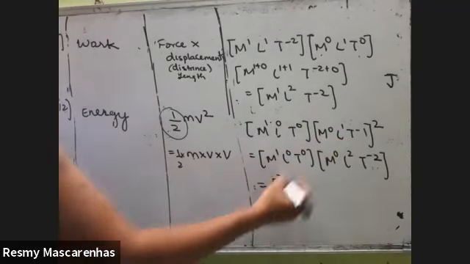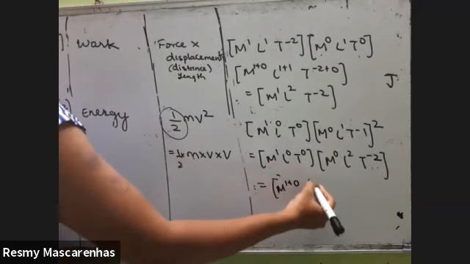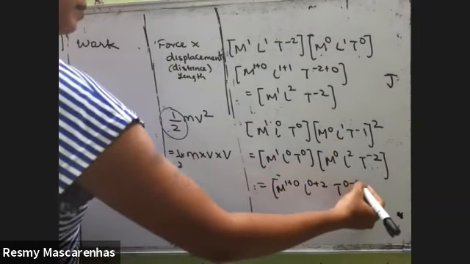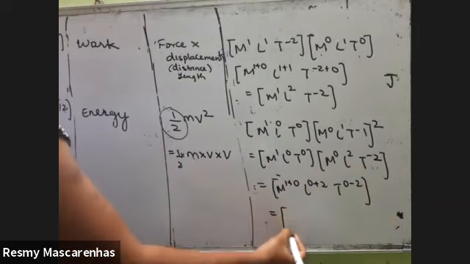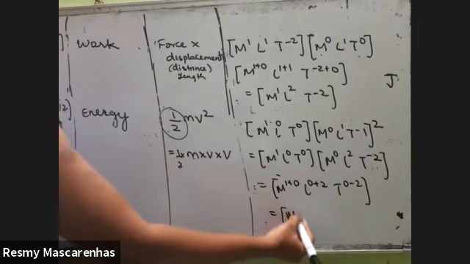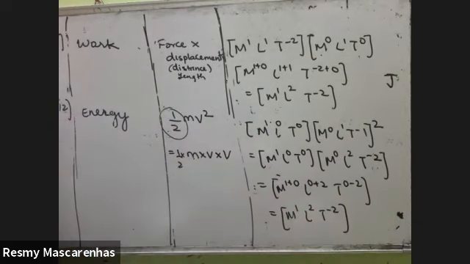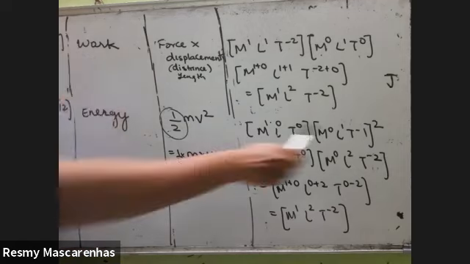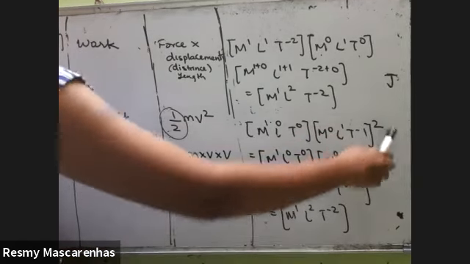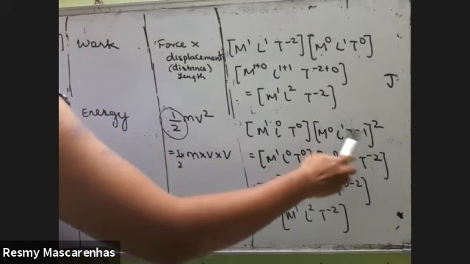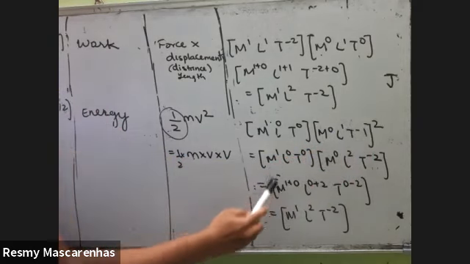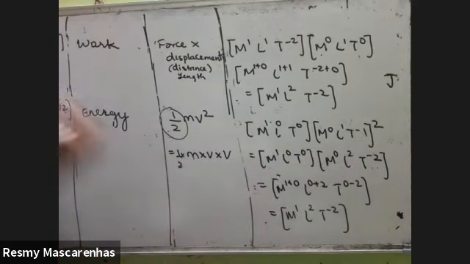So 1 plus 0, 0 plus 2, so M1, L2, T minus 2. So this is your answer. This is minus 1, the velocity dimension, a whole square. So I multiplied all the powers, then added M power to M, then got the answer.